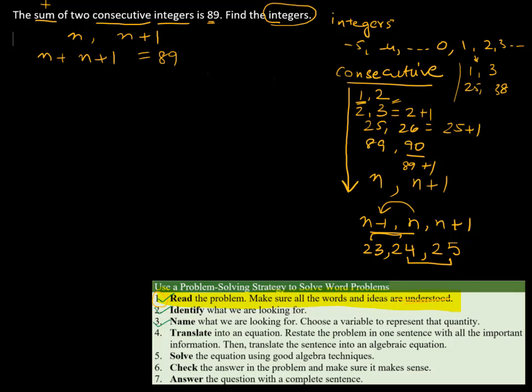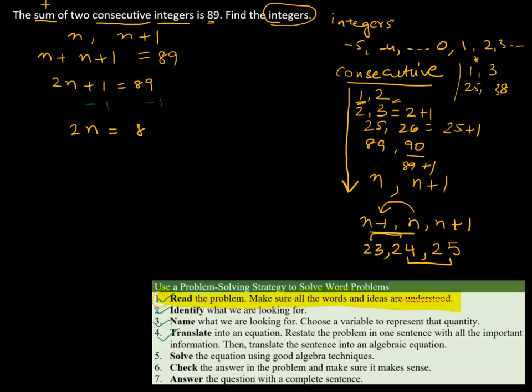So we rewrote the question as an algebraic equation and now solve the equation. That's easy. Look at the equation: n plus n plus 1 equals 89. Let's collect the like terms first. On this side we get 2n plus 1 equals 89. Using the subtraction principle, we subtract 1 from both sides so that we can isolate the term containing n.